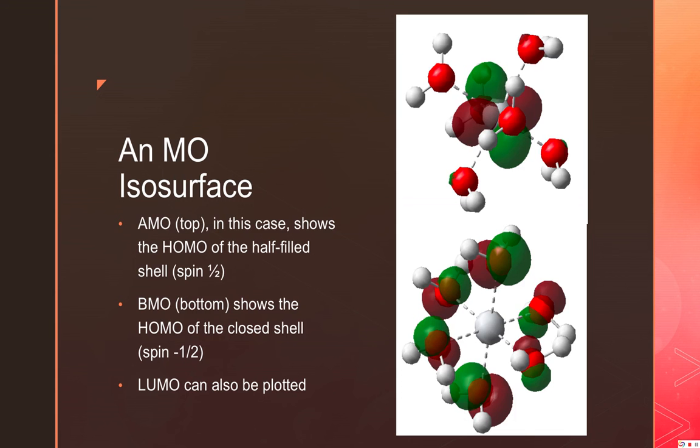Your alpha molecular orbital in this case is going to be your HOMO, and the beta molecular orbital in this case is going to be, I'm sorry. Oh yes, okay, sorry. So they're both HOMO states. These are your highest occupied molecular orbital states. And LUMO can also be plotted. It's very similar to this, just a differing look, essentially. So next.